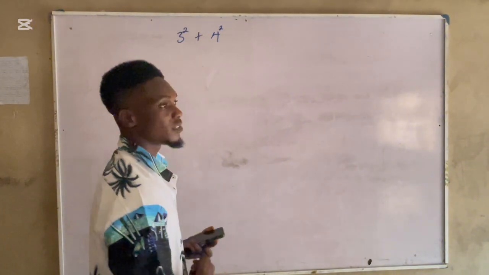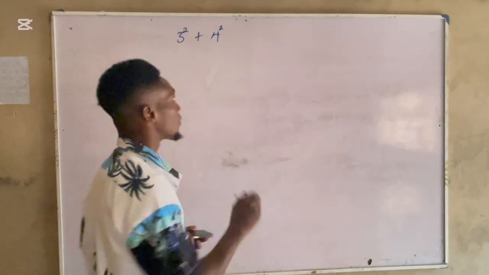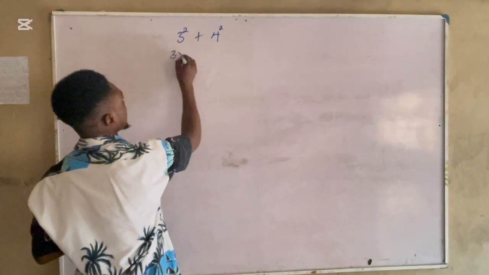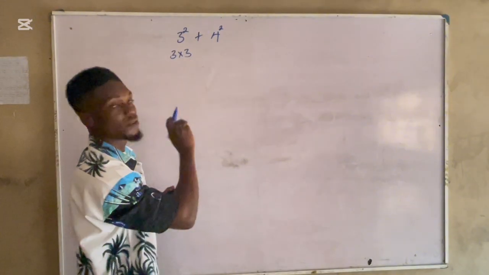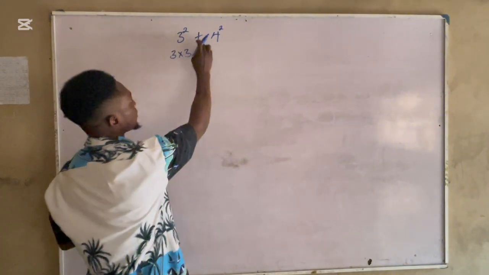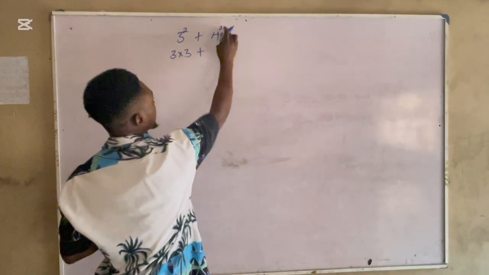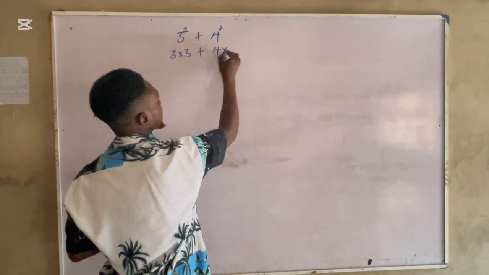Instead of writing 3 raised to power 2, I will write it in a form that we will understand. 3 raised to power 2 means 3 times 3. I'm multiplying 3 two times. Bring down your plus. Then multiply 4 as well 2 times, 4 times 4.